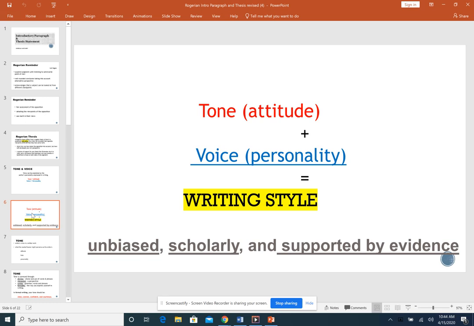For academic writing for this paper, you want to be unbiased, scholarly, and the information you present needs to be supported by evidence. This is where you're going to use sources to provide information about the topic, about the opposition's viewpoint, and to support your side of the topic. And then find sources that support the common ground, the compromise that you find.